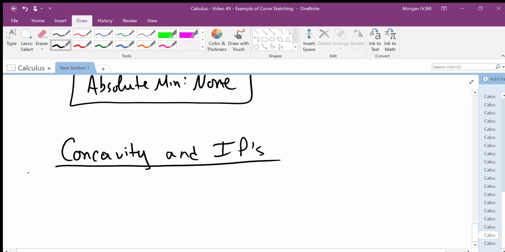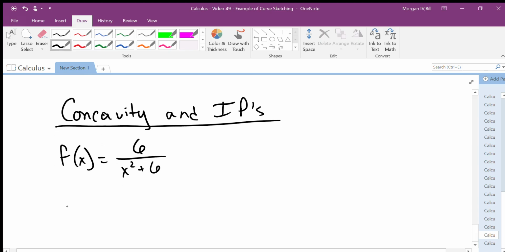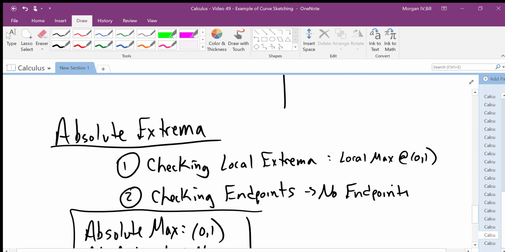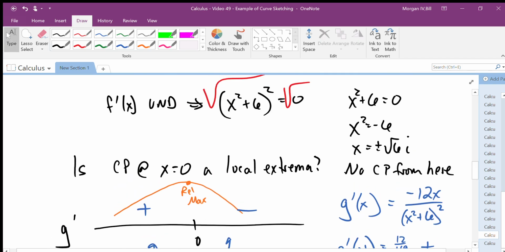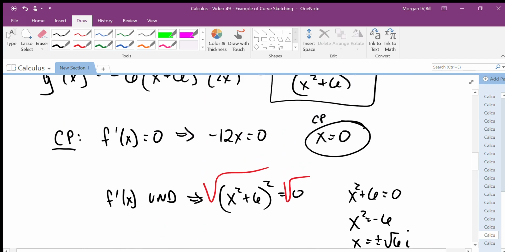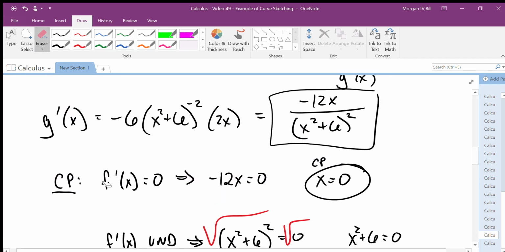If we remember, the original function was 6 over x squared plus 6. Then the derivative function, I'm using f again. I need to go back to g's. My apologies.